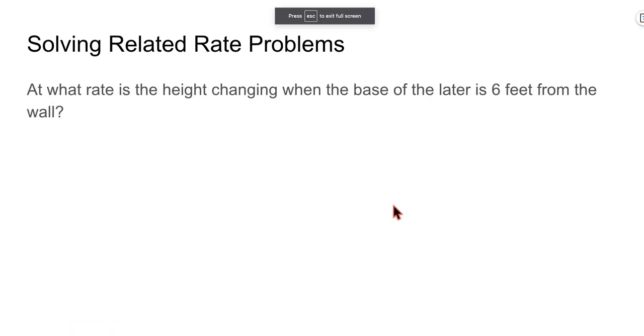I'm going to model how I would go about setting that situation up. So I copied: at what rate is the height changing when the base of the ladder is 6 feet from the wall? So it's moving out.